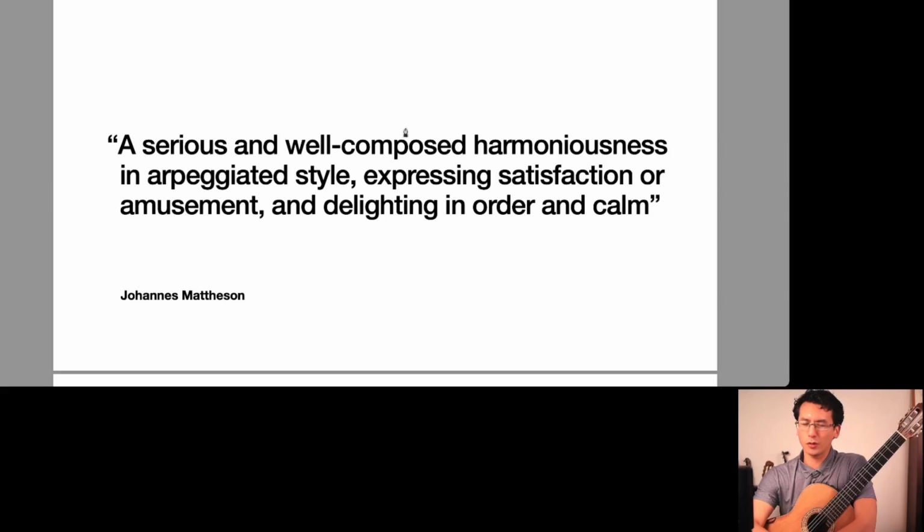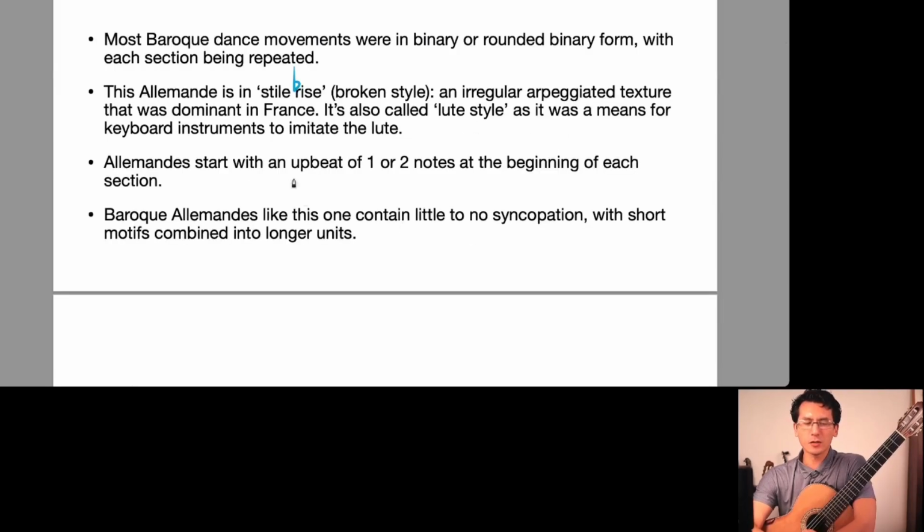That's a quote about the Allemande. So some features you want to look out for: the 2 sections, each one repeated, the irregular arpeggiated texture, the upbeats. That was a pretty small feature, but still important. And then little to no syncopation. The rhythms are very even and just gently flowing through the whole piece.